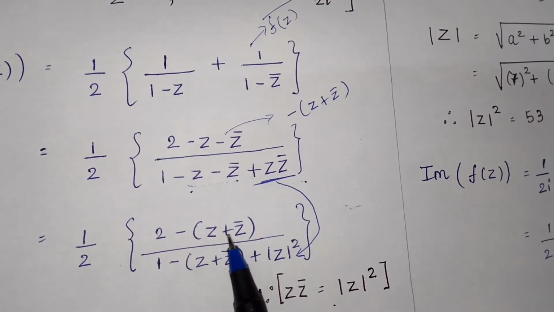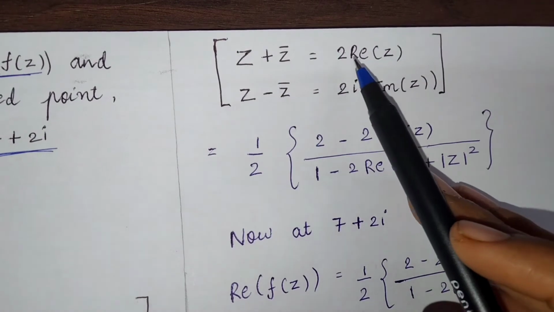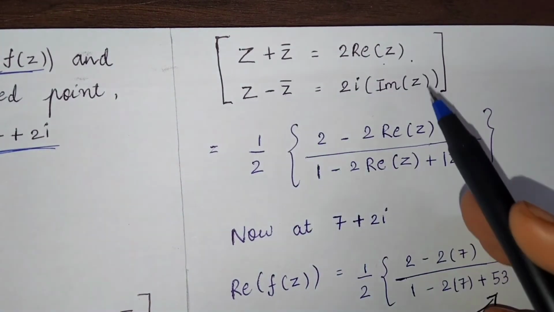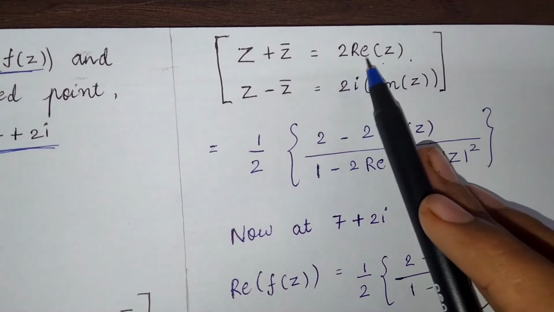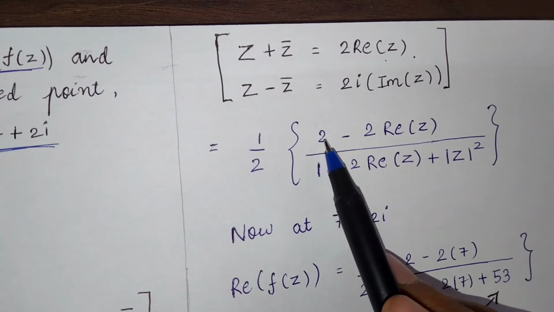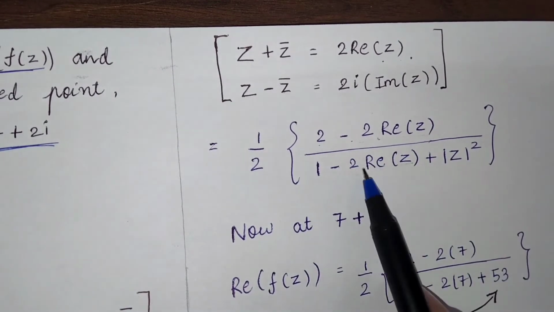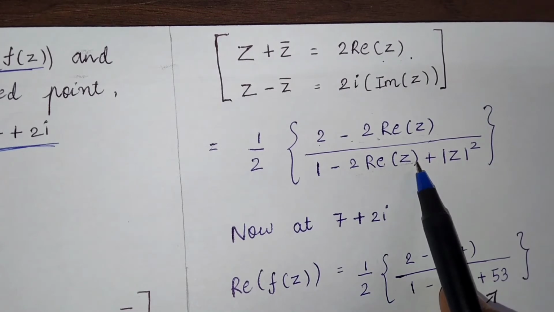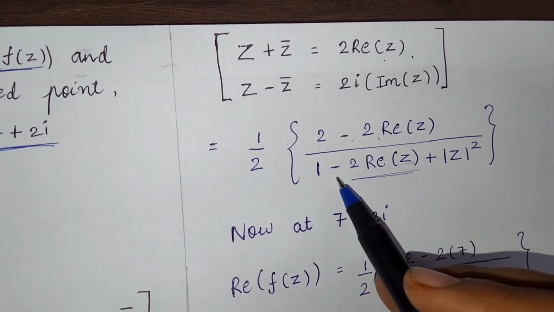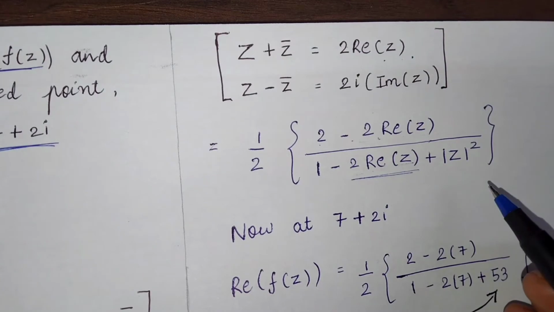So here in place of z plus z conjugate I can write 2 real part of z, according to this formula. So I will write here 2 minus 2 real part of z. Similarly in the denominator part, where there is z plus z conjugate, what will we write, 2 real part of z. So 1 minus 2 real part of z plus mod of z square.